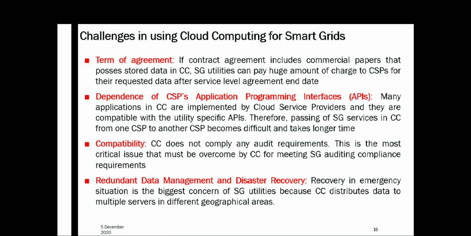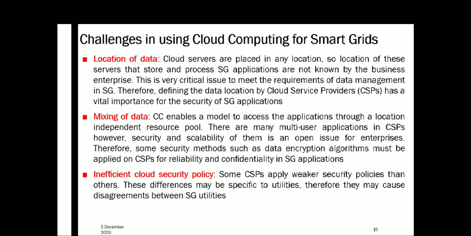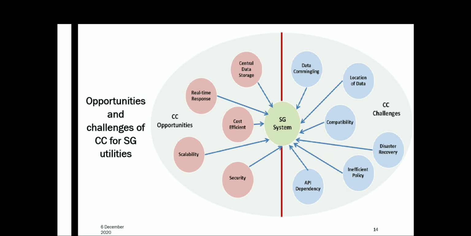So recovery of the data during an emergency situation is the biggest concern. These are some of the challenges. So there are challenges and opportunities for the smart grid while we are using a cloud computing architecture.